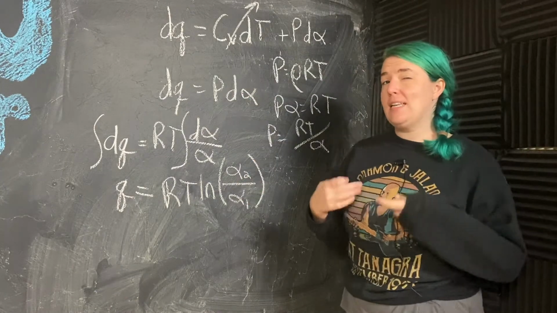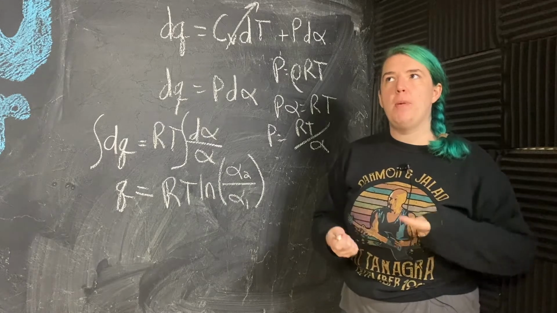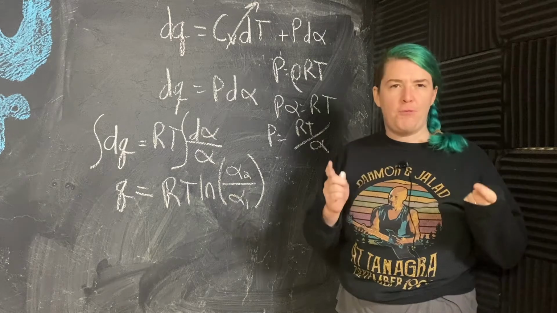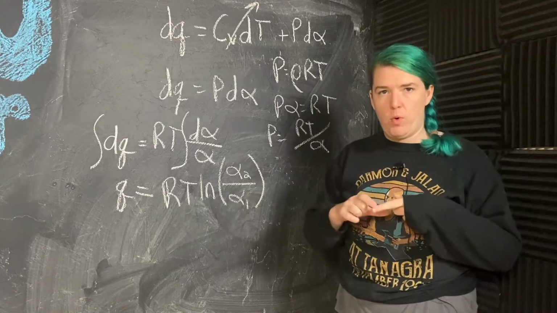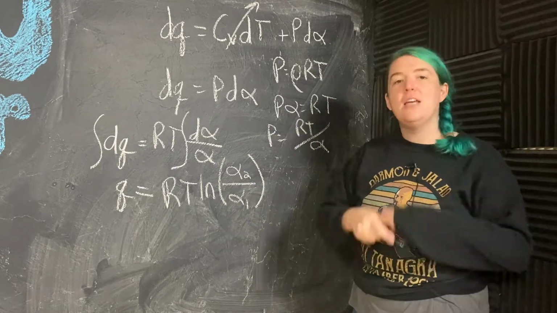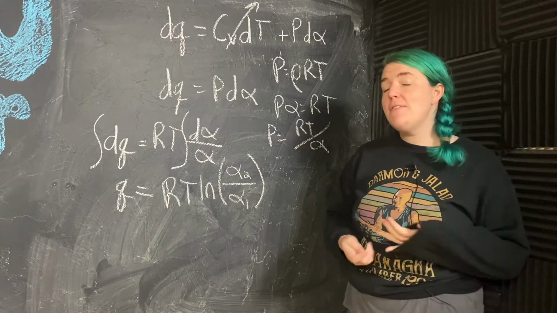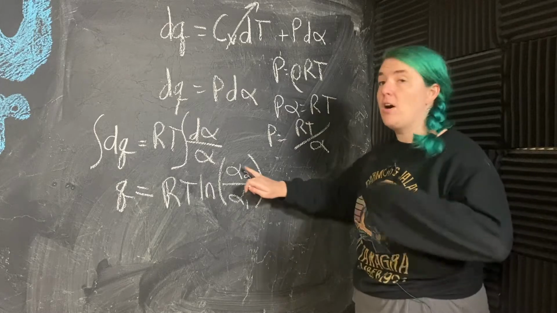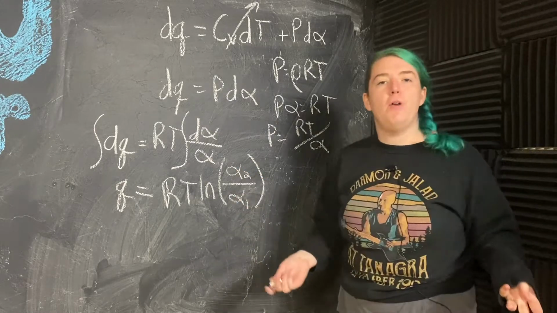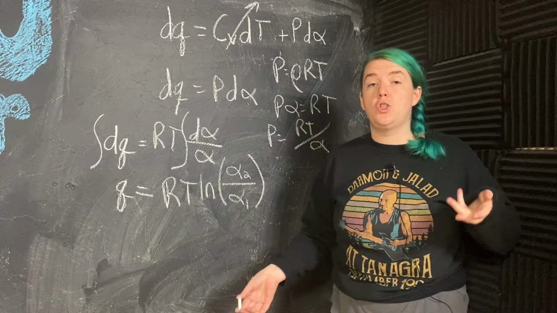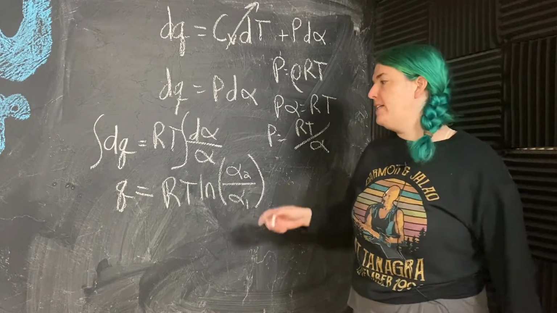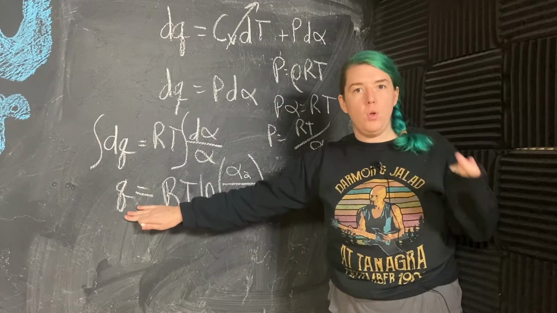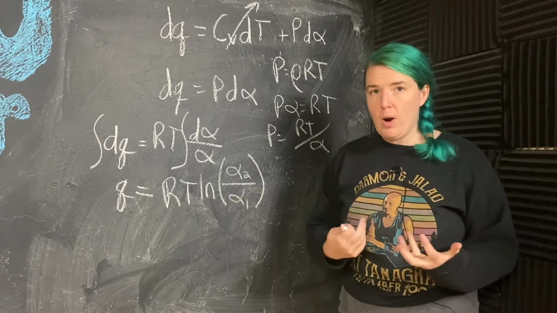What this equation is going to tell us is how much energy the gas is able to take on from that warm reservoir in the casing. So if we were to measure the starting height of the piston and the final height of the piston, and then convert that into our alpha, volume of a cylinder isn't super hard to calculate, we could find out exactly how much energy we pulled from that warm reservoir.